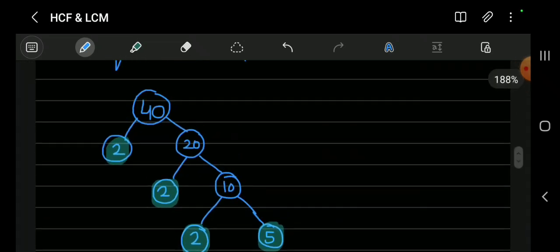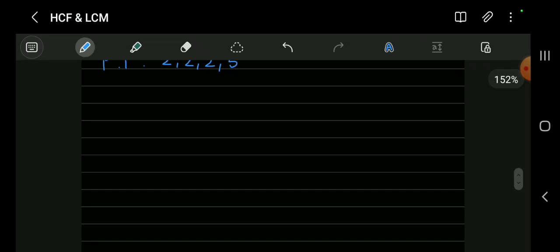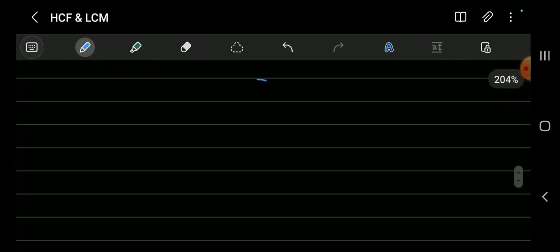Okay, now I'm doing a bigger number, like the number 65. It is not an even number, so we cannot divide it by 2, so I'm breaking it with a 5.